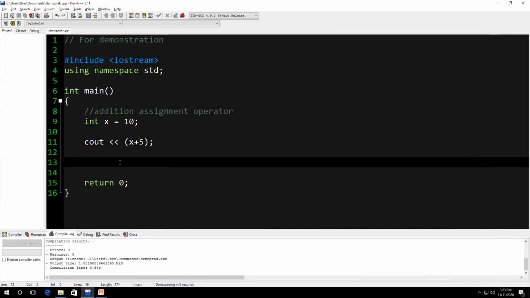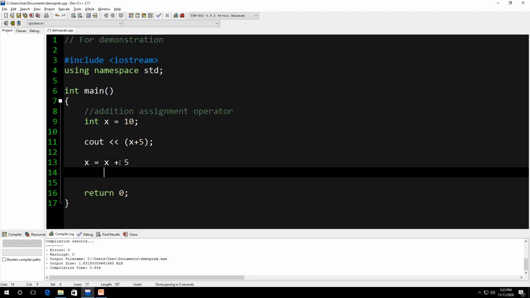Since x is equals to x plus 5, and x is equals to 10 plus 5 is equals to 15.